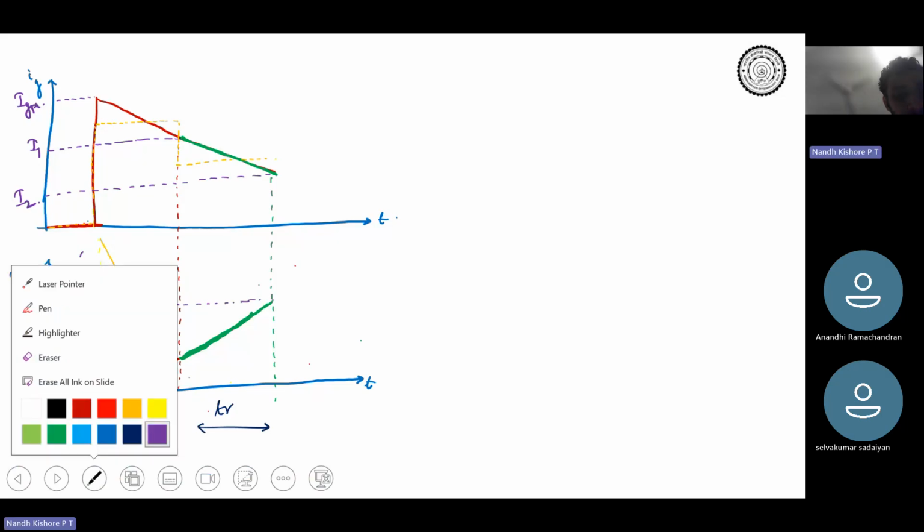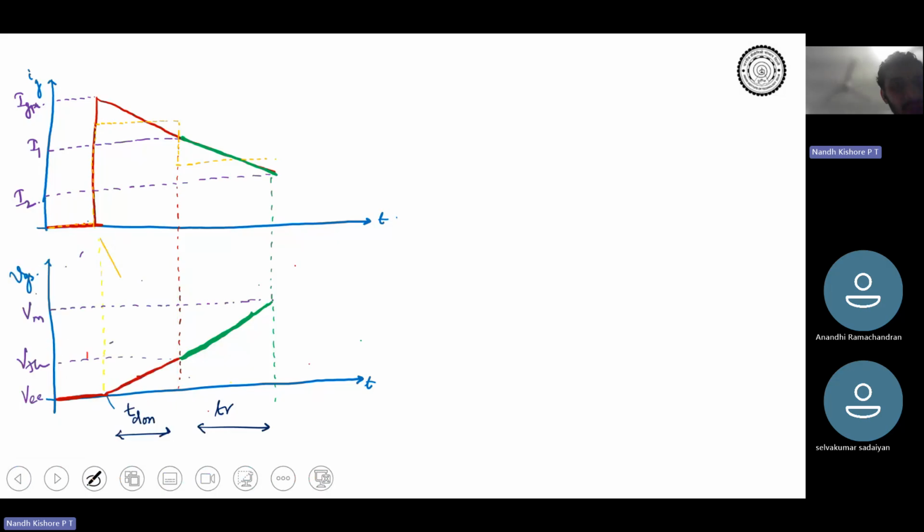So let's take interval 1. That is, this is interval 1 and this is interval 2.